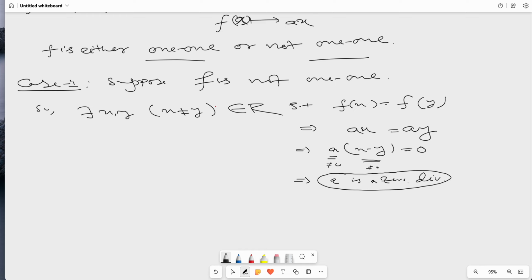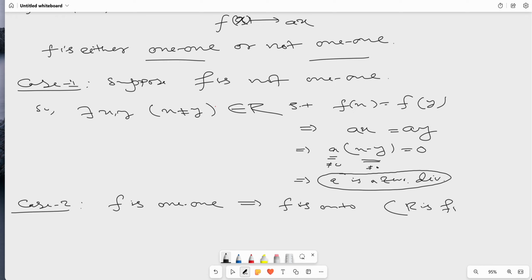Okay, so case 2, f is 1-1. This means that f is onto, because R is finite. If it is finite and f is 1-1, then f must be onto. It's very trivial.